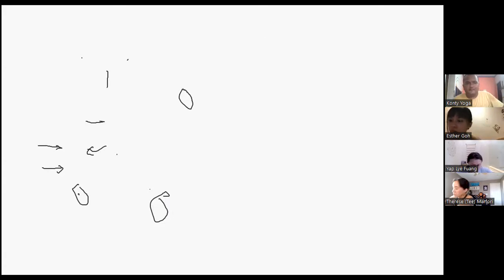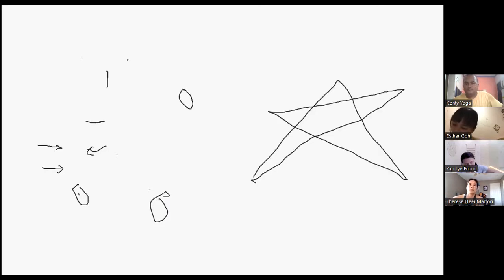It can be a star formation as well, a pentagon. Like your class will look like a star from the top. So students are standing in a pentagon shape, and the teacher is in the center.